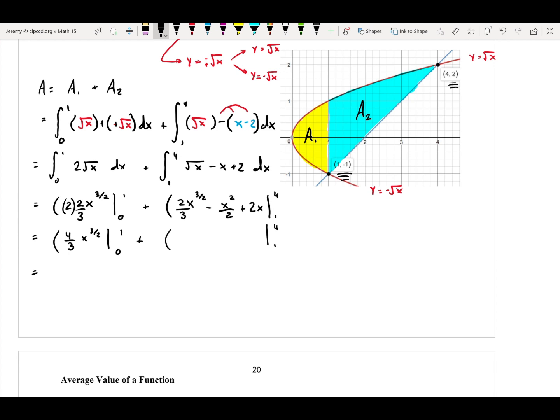So let's evaluate it now. I'll start by plugging in 1 over here. And I might, just to be careful, group that together there, group this together here, just to sort of color code things so I don't get confused about what's going where. Okay, so I'll plug in 1 and I get 4/3 times 1 to the 3/2. And then minus plugging in 0, that just goes to 0, so that's kind of nice.